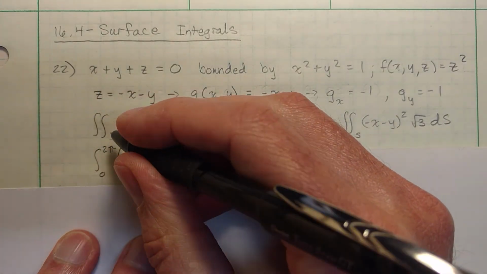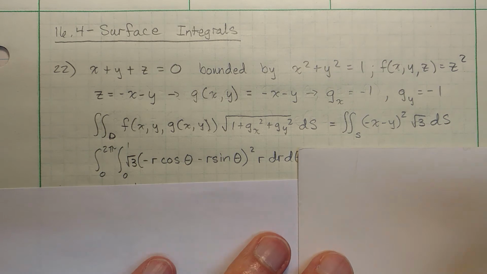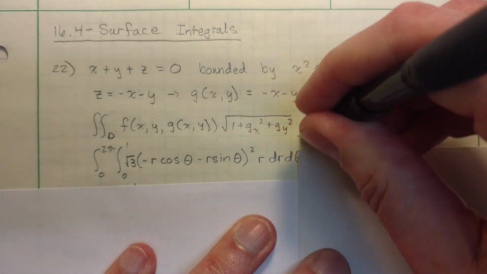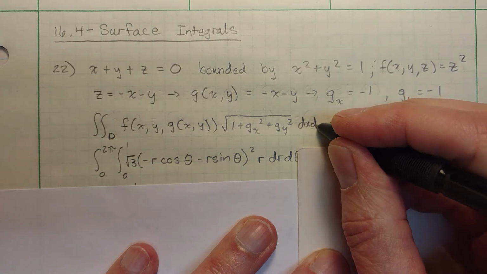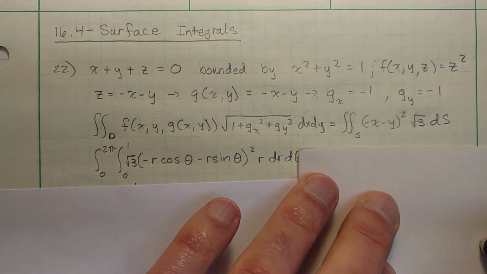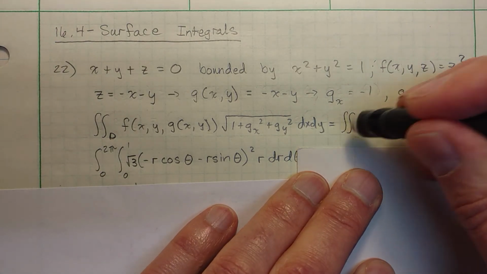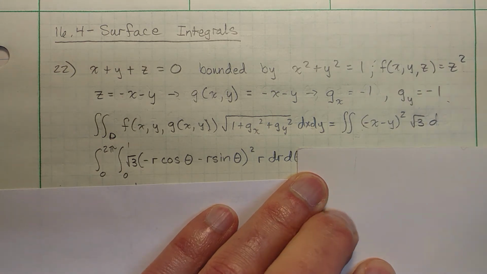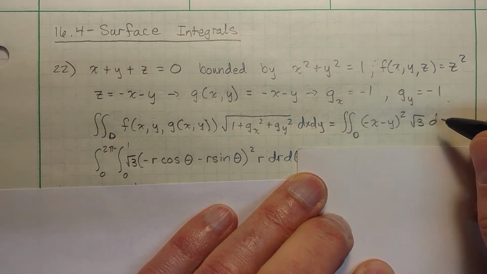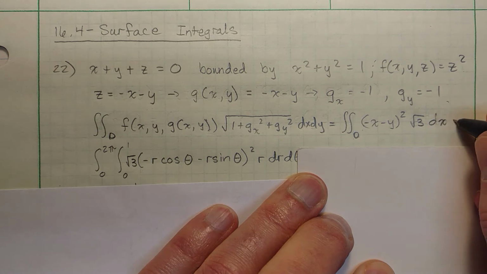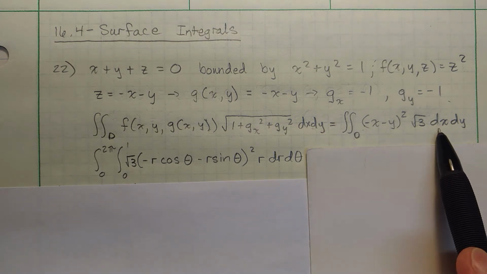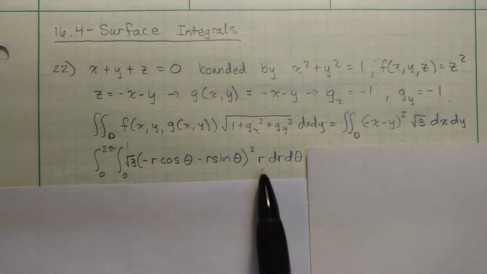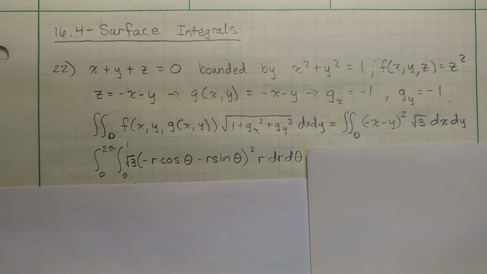After I've done this, this is over the restricted domain, and this is actually now our dx dy or dy dx, however you want to think of it. It doesn't matter which. Now when we've converted from dx dy into polar coordinates, we have our factor of r dr d theta.